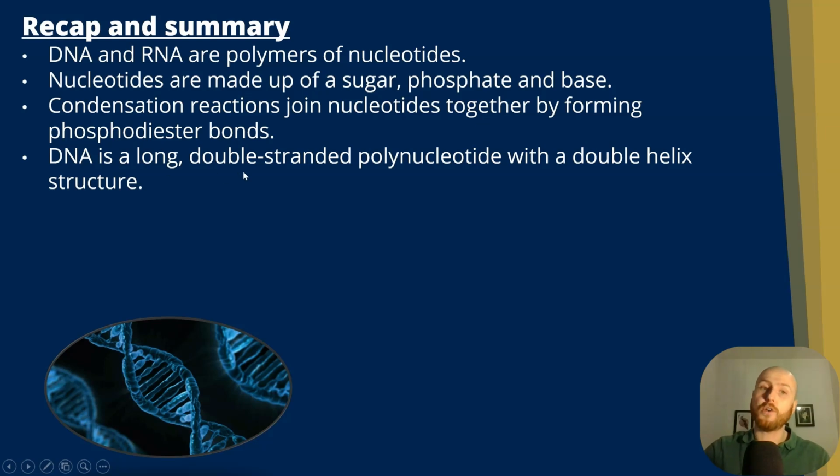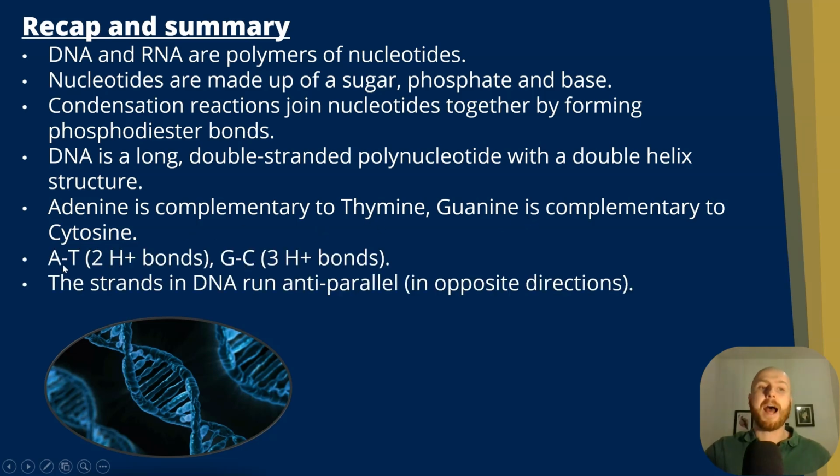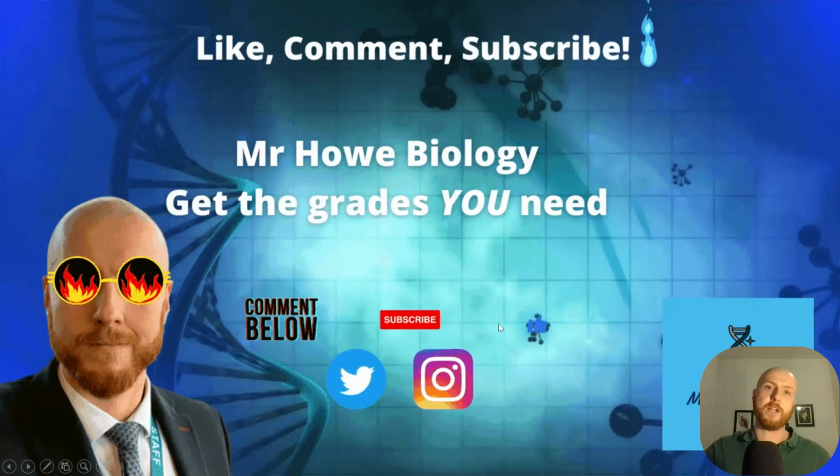DNA is a long, double-stranded polynucleotide with a double helix structure, and adenine is complementary to thymine, and guanine is complementary to cytosine. And next we have adenine to thymine with 2 H bonds, or hydrogen bonds, and guanine to cytosine with 3 H bonds, or hydrogen bonds. And finally, the strands in DNA are anti-parallel, meaning they run in opposite directions to each other.